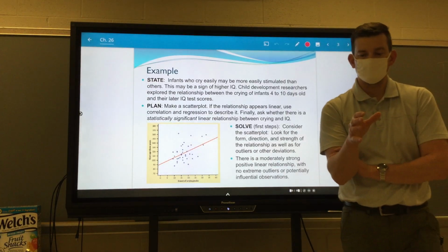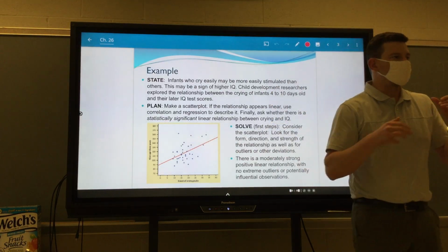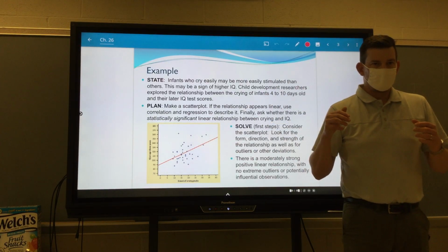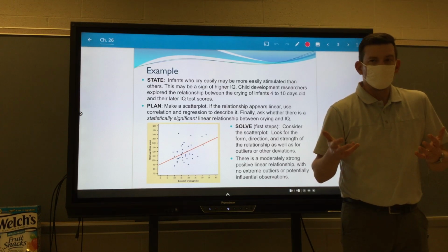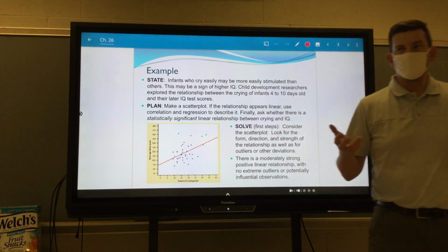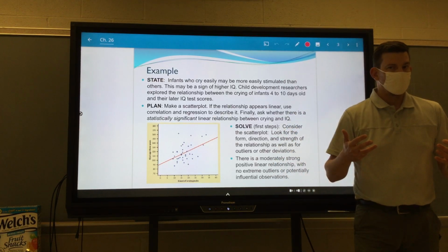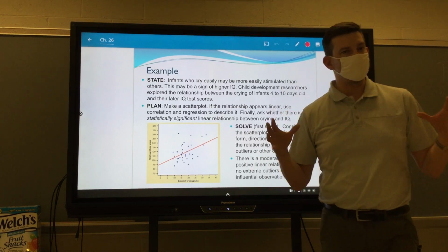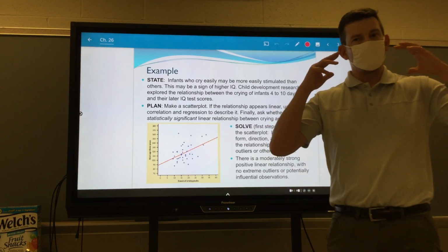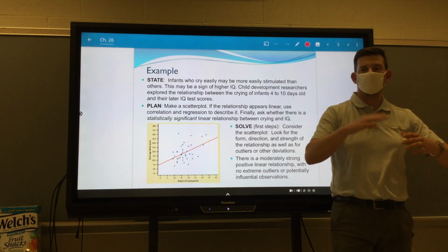So the idea here is that newborn babies that respond to the environment around them, okay, and the only way that newborn babies have to respond is to cry. So those babies that cry more are thought to have a higher IQ. And remember, we talked a little bit about IQ earlier in the year in relation to a normal distribution.